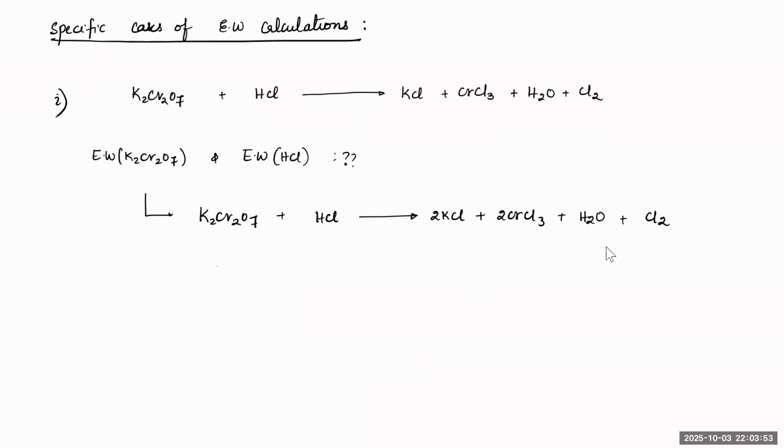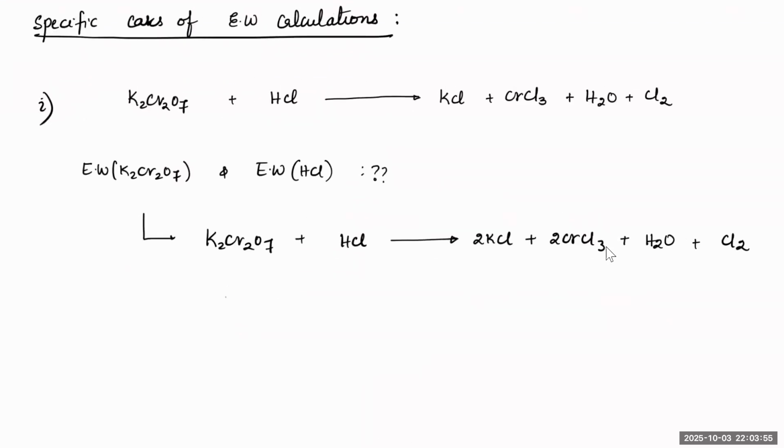Now see the difficulty. What if you have cases where I need to find out the equivalent weight of every other species within the reaction, all the reactants and all the products? But there are certain reactants which are participating in the reaction, but not in the redox process. Like HCl.